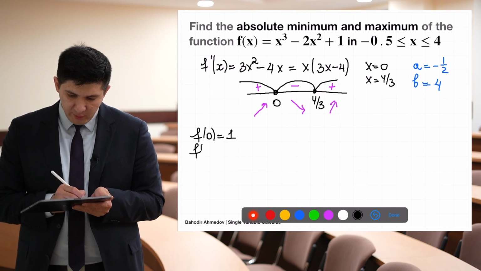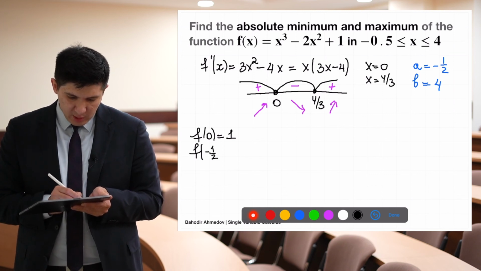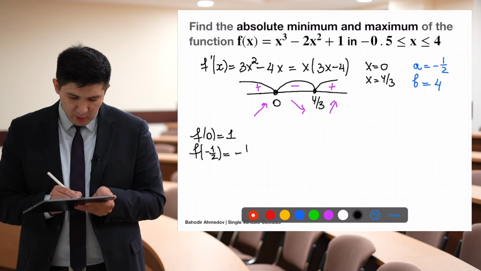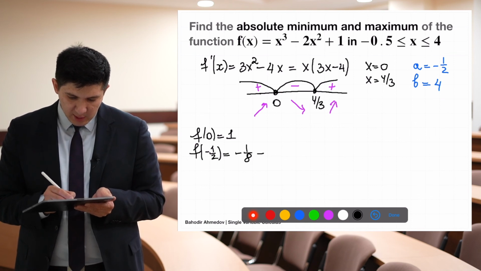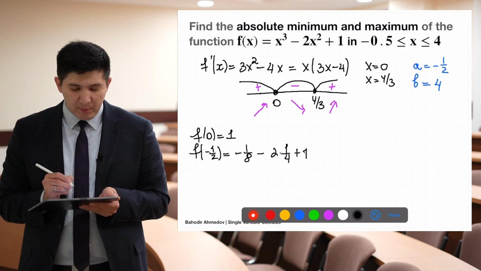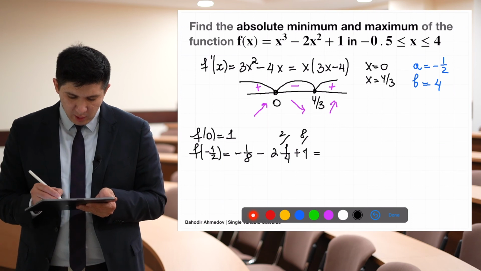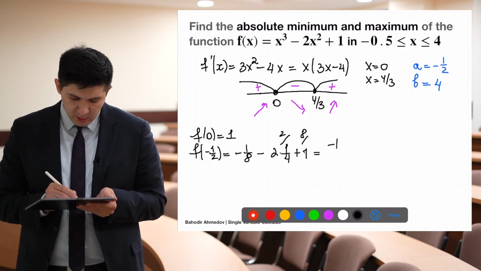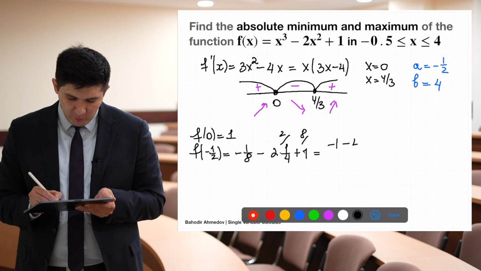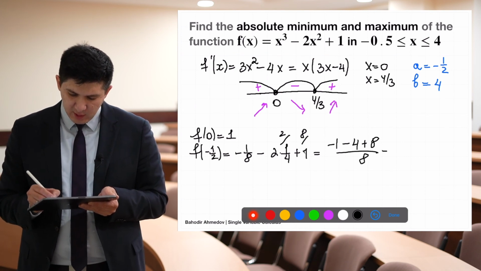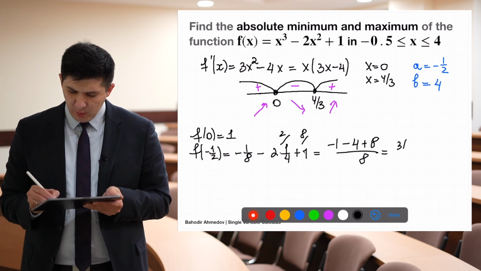So f of minus 1 over 2 is going to be minus 1 over 8 minus 2 times 1 over 4 plus 1. I'm going to give the common denominator: it's going to be minus 1, minus 4, plus 8, divided by 8. So this is going to be 3 over 8.